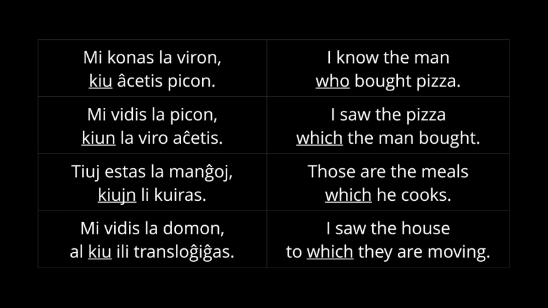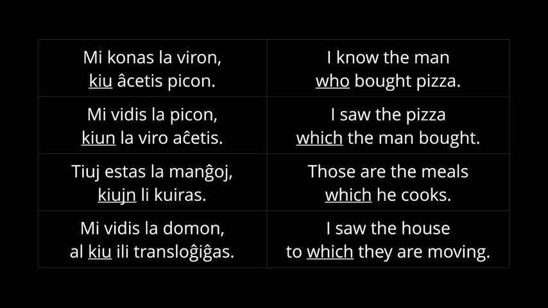Now, you noticed in the first of those two sentences, it's "kiu." In the second, it's "kiun" with an N. And why is that? Well, it's like who versus whom in English. Although in this case, the whom is a which because it's a pizza rather than a person. So in the clause that it's a part of, who bought pizza, the man is the one who bought pizza in the first sentence, and that's "kiu."